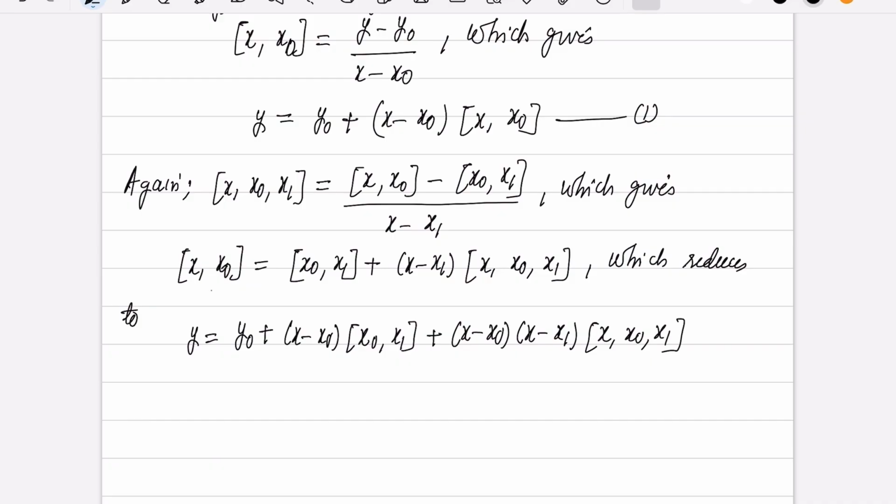So here on the left hand side we have substituted y minus y0 divided by x minus x0, and then multiplied it, so this x minus x0 gets multiplied to x0 comma x1. Then y and y0 are similarly adjusted, and we obtain this equation by just replacing the value for x comma x0 at this point.